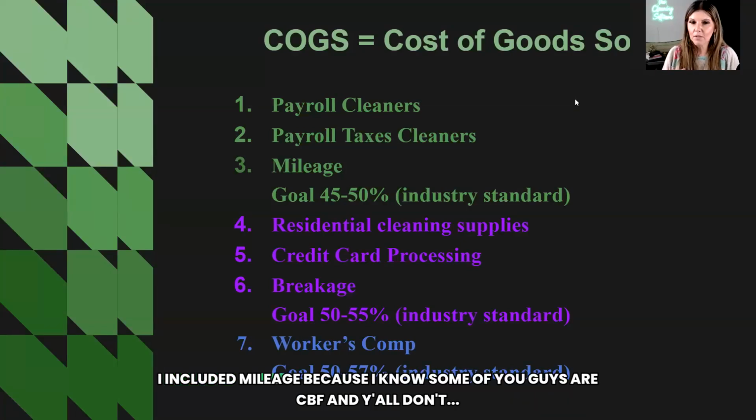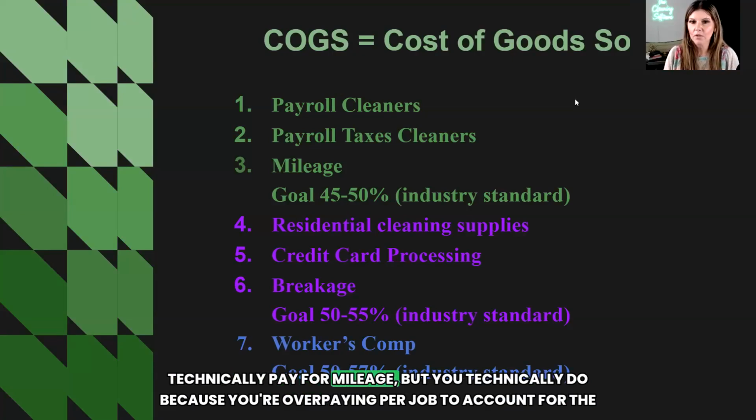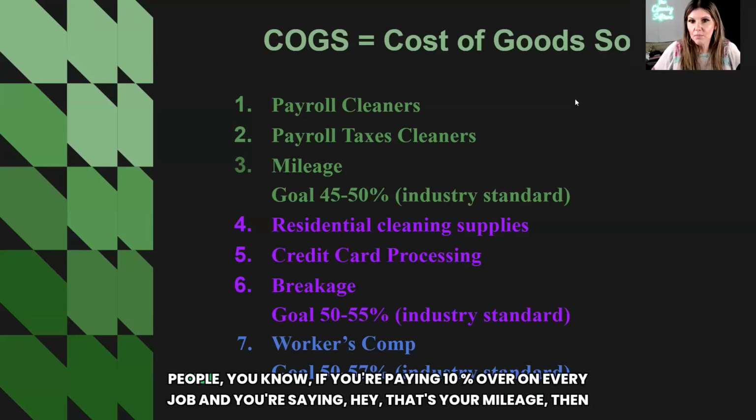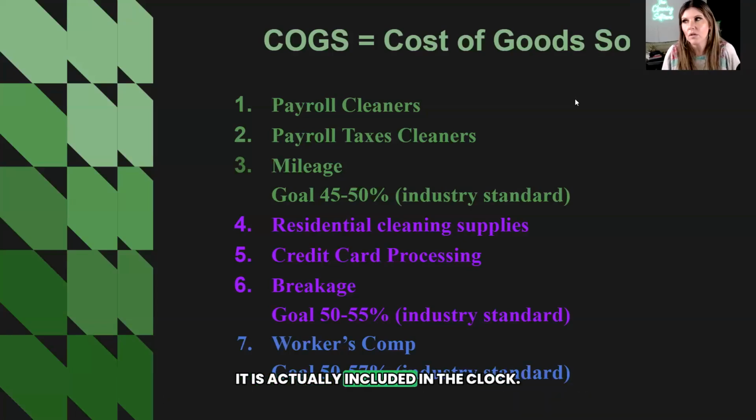I included mileage because I know some of you are CBF and you don't technically pay for mileage, but you technically do because you're overpaying per job to account for the mileage. So even though you might not have it listed out separately, know that it's in there. If you're paying 10% over on every job and you're saying, hey, that's your mileage, then it is actually included in the COGS.